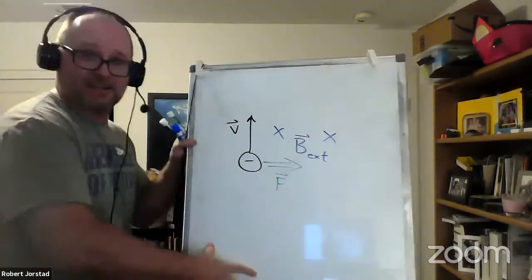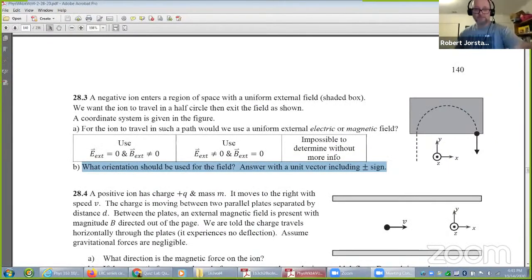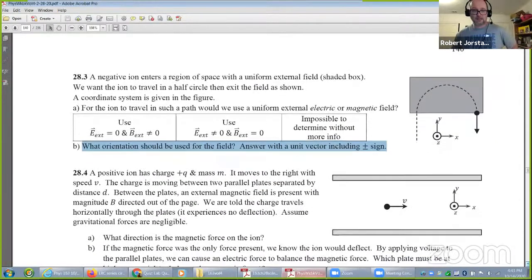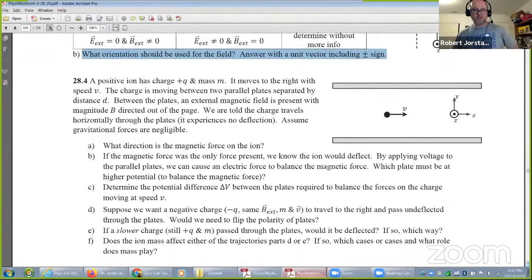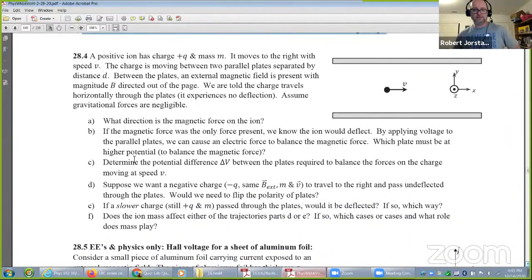Let's take a look at the next one now. This one gets pretty interesting. So look at 28.4. Whoa, there's a big one there. All right. So let's look at 28.4. I'm going to get it written up so we can talk about it.